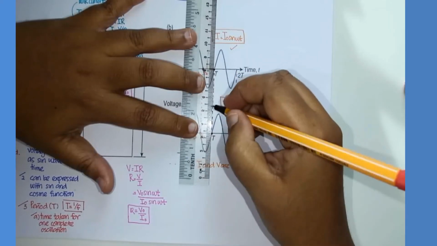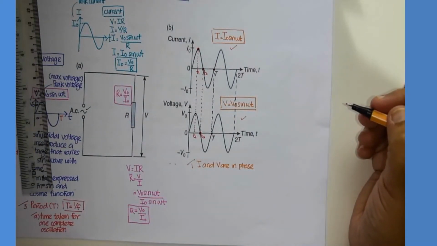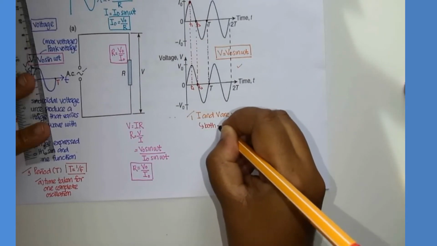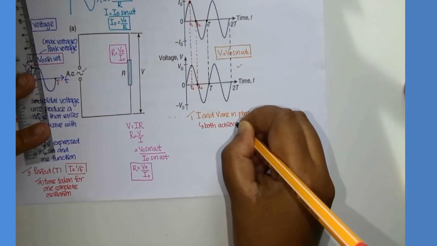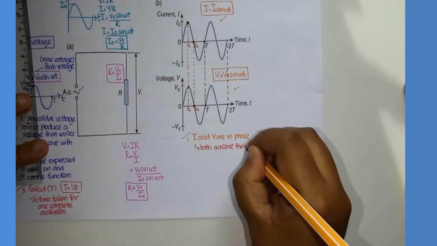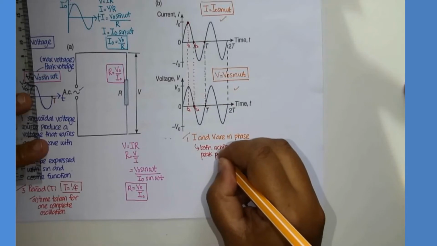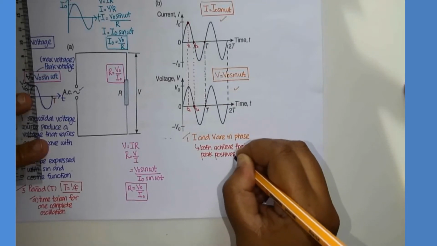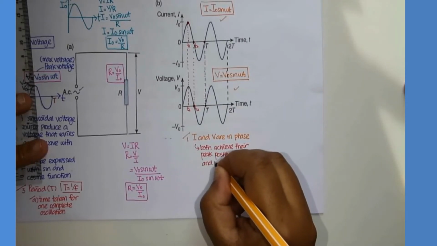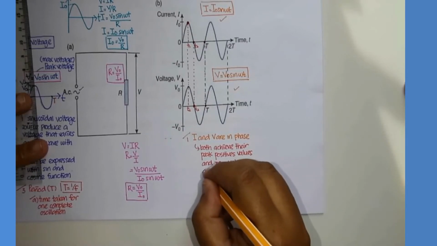That means I and V are in phase as both achieve their peak positive values and zero values at the same instant.